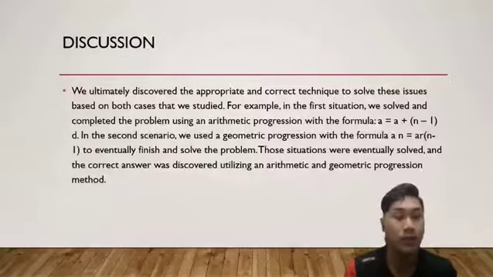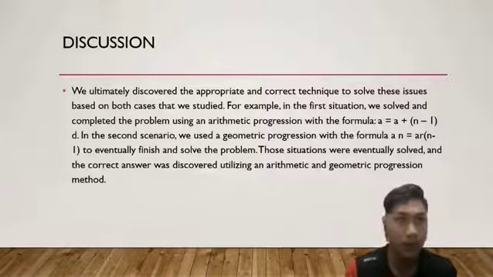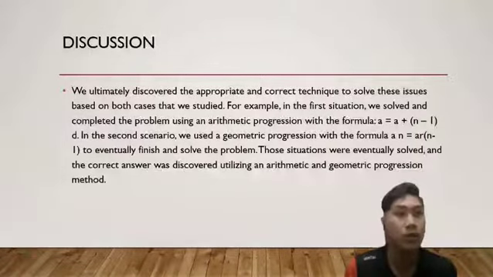For example, in the first situation, we solve and complete the problem using an arithmetic progression with the formula A equal to A plus n minus 1 multiplied by D. In the second scenario, we use a geometric progression with the formula A n equal to A multiplied by R to the power n minus 1 to eventually finish and solve the problem. Those situations were eventually solved and the correct answer was discovered utilizing an arithmetic and geometric progression method.